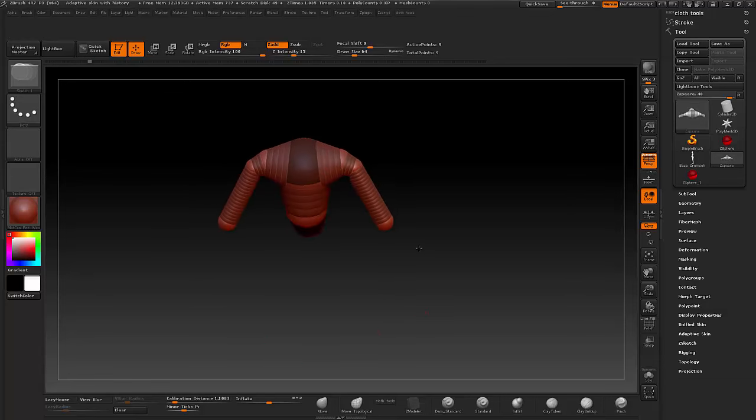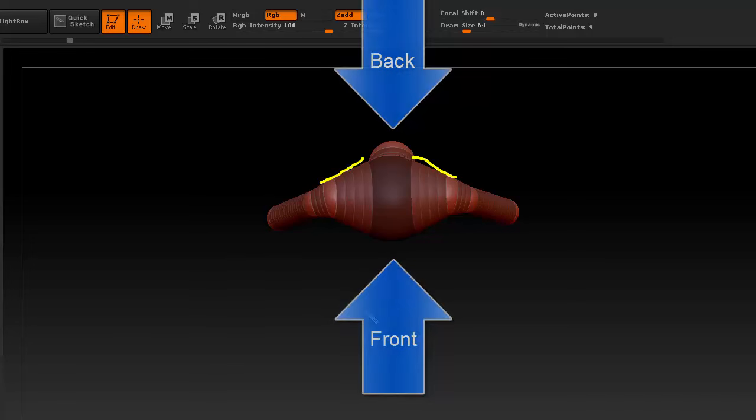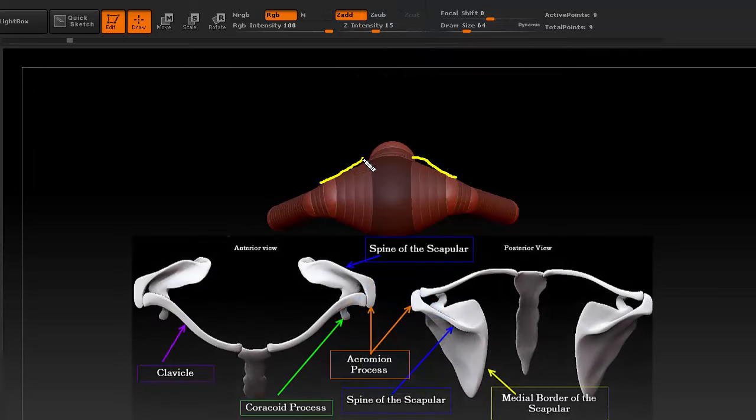What you can see I've done here, we're looking from the top view, this is where the neck's going to eventually be, but I just want you to notice how I've created this slant either side. This is looking from the top view, and I'm looking at the scapula, your shoulder blade in common terms.